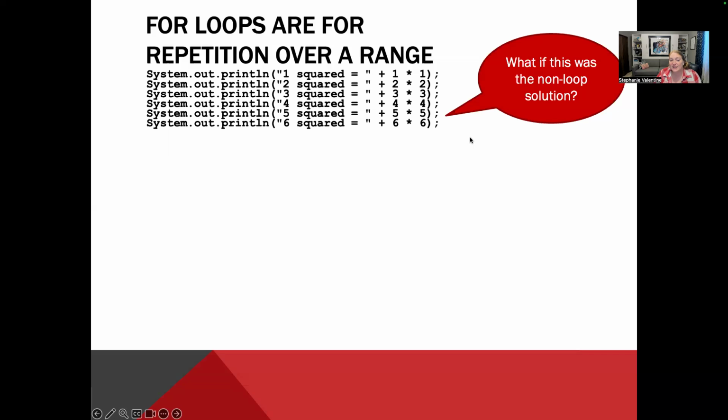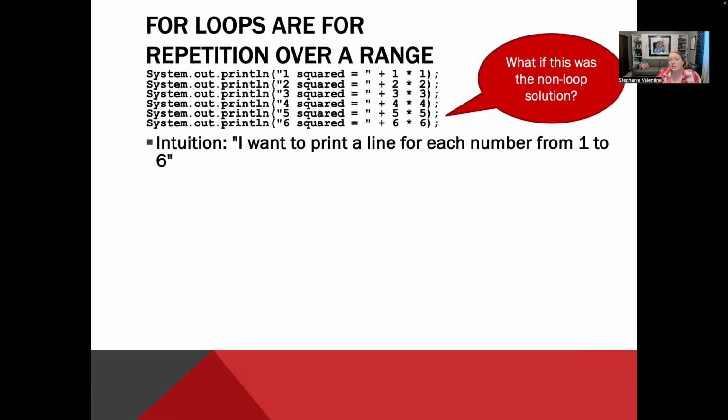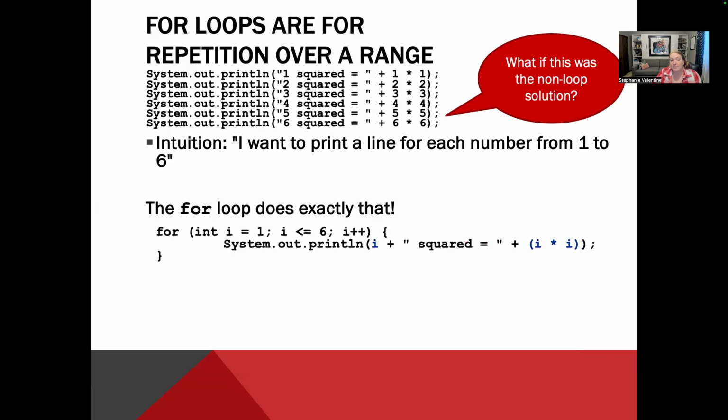So seeing something like this or imagining what this would look like, you can think to yourself, I want to print a line for each number from 1 to 6. And you can turn that into a for loop. The for loop does exactly that. So here we have for int I, we're creating our I, and we say I is less than or equal to 6.